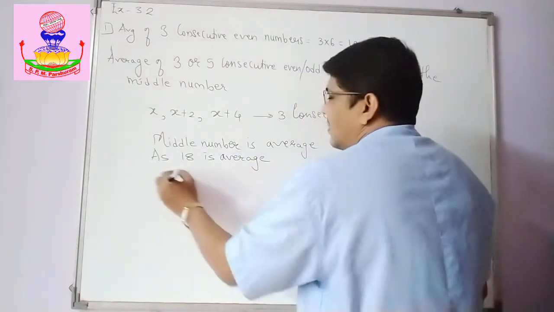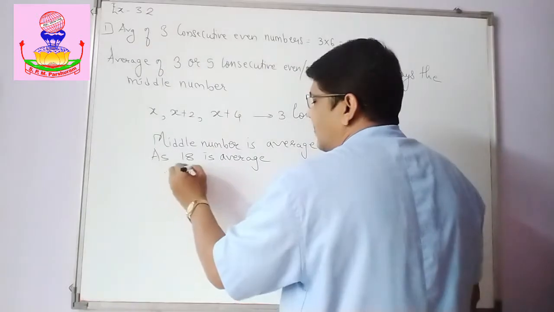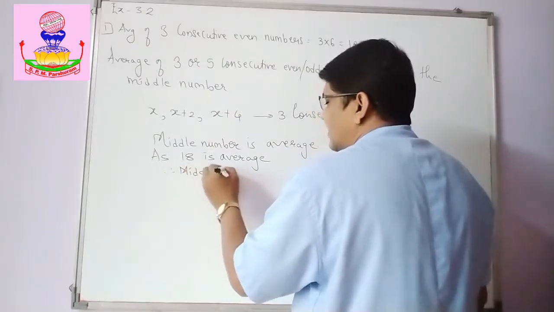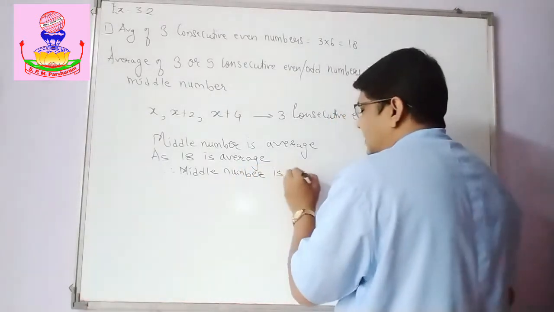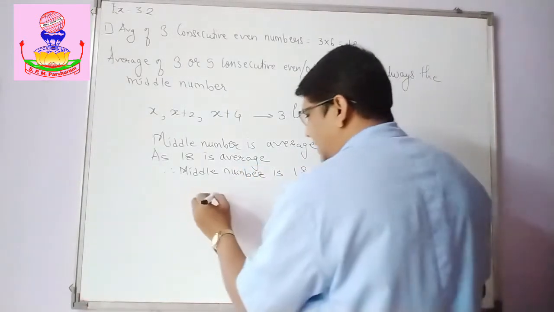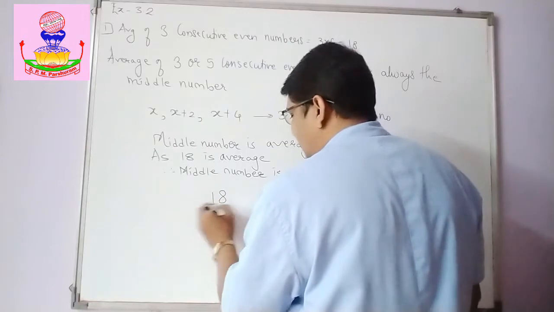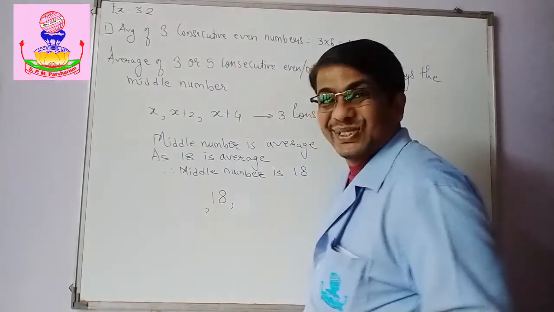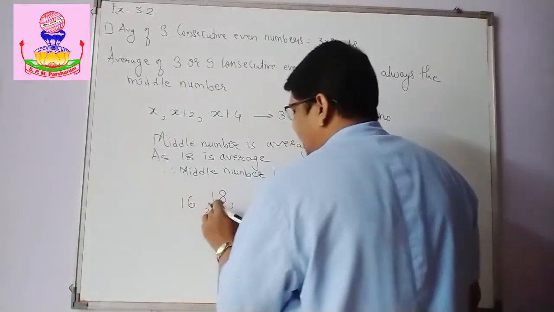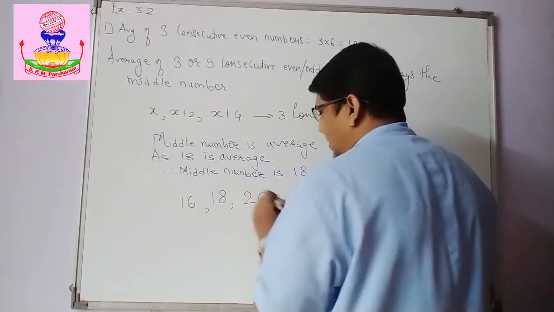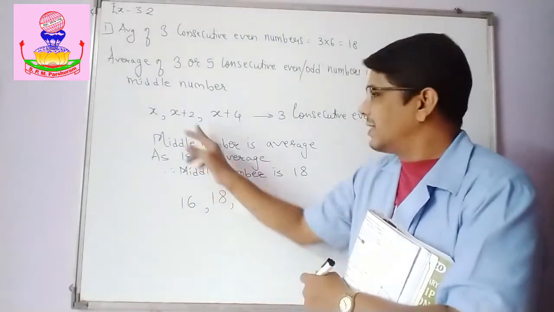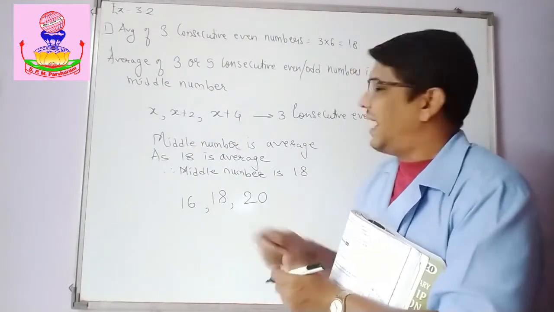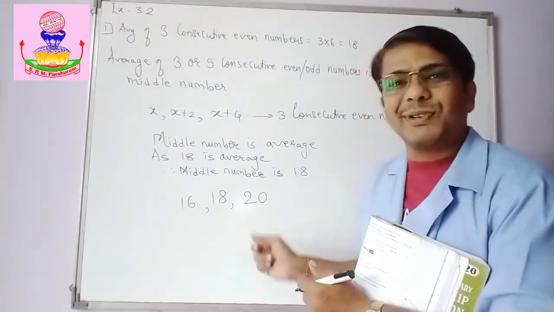So therefore, middle number is 18. Right? So this is 18, middle number, minus 2, 16. And plus 2, 20. You can check it. x plus 2 is 18, so x is equal to 16. And x plus 4, 16 plus 4, 20.